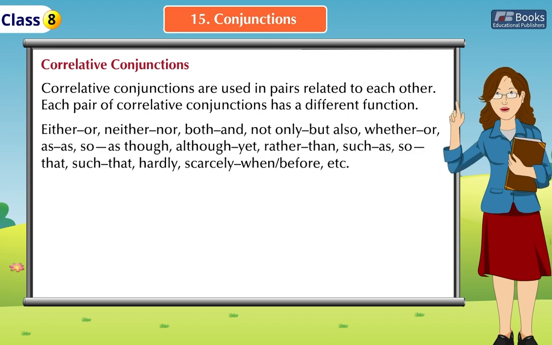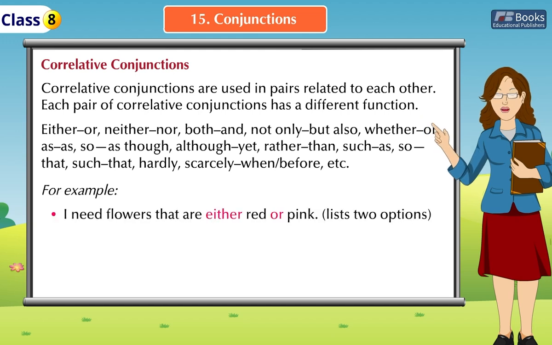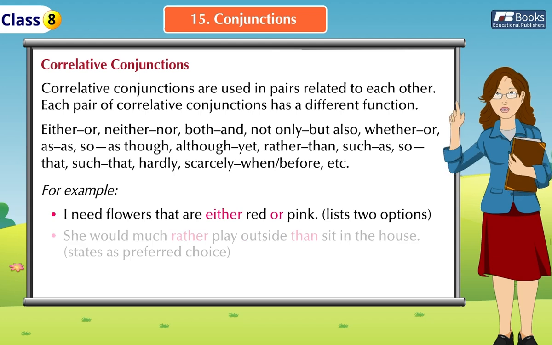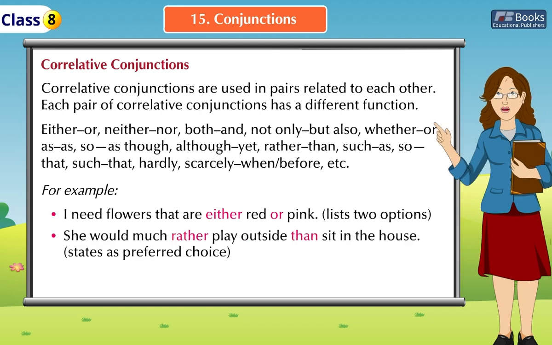Either or, neither nor, both and, not only but also, whether or, as so, as though, although yet, rather than, such as, so that, such that, hardly, scarcely, when or before, etc. For example, I need flowers that are either red or pink. Lists two options. She would much rather play outside than sit in the house. States a preferred choice.